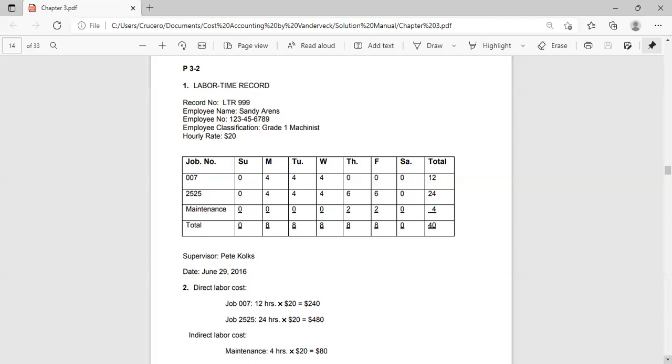Now we get the totals for job 007, 12 hours, job 2525, 24 hours, and the maintenance for 4 hours. So that makes a total of 40 hours.